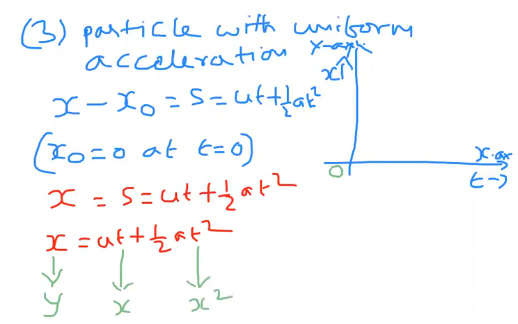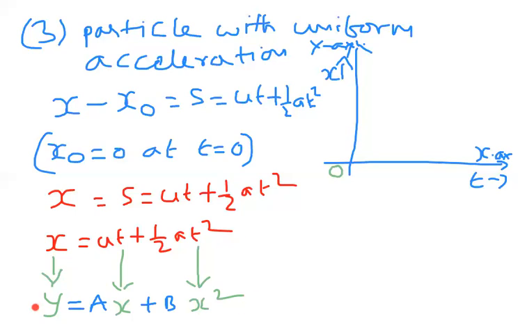Observe carefully, here we see a t square term. In my last class, when I explained the graphs, I told you y proportional to x square means parabola. So what are the constants here? I can write y equal to a x square, taking a constant a, and here b equal to a by 2. Now we can compare the equation x equal to ut plus half at square with the parabola equation.